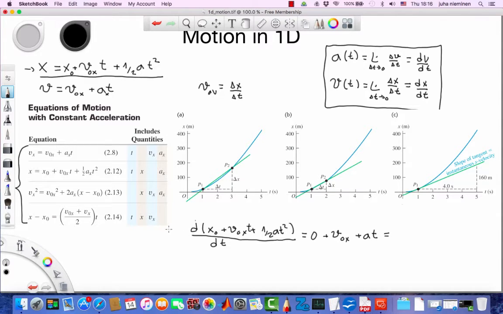So the derivative of x with respect to time is in fact this expression, which is the same as v, like we expected. And now if we differentiate this result with respect to time, we have d of whatever here, we have the velocity plus the acceleration term.